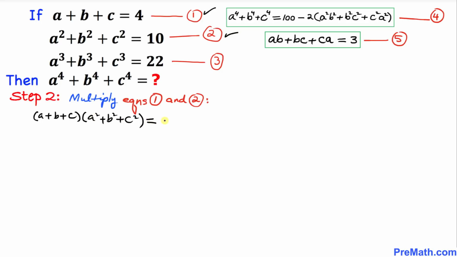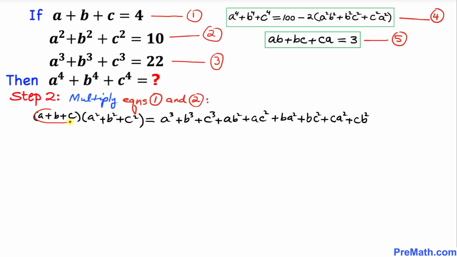We are going to get A power 3 plus B power 3 plus C power 3 plus AB square plus AC square plus BA square plus BC square plus CA square plus CB square.